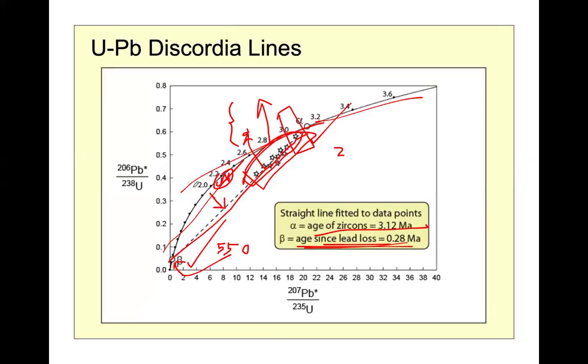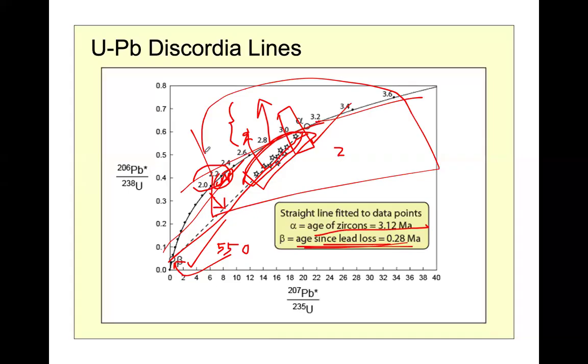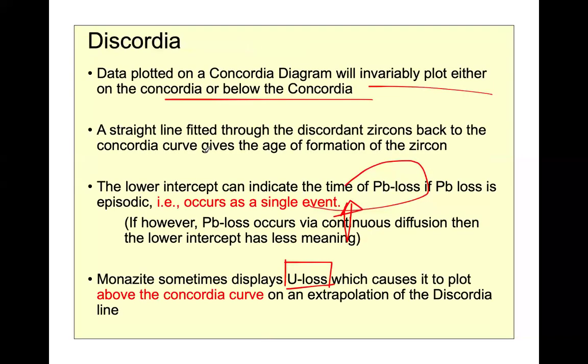You will see here 2 and 2.2. The difference is 200 million years, 0.2 Ga. That's too much, you can't get a precise age. So based on your data distribution, you can take a portion of this Concordia. That is also possible.